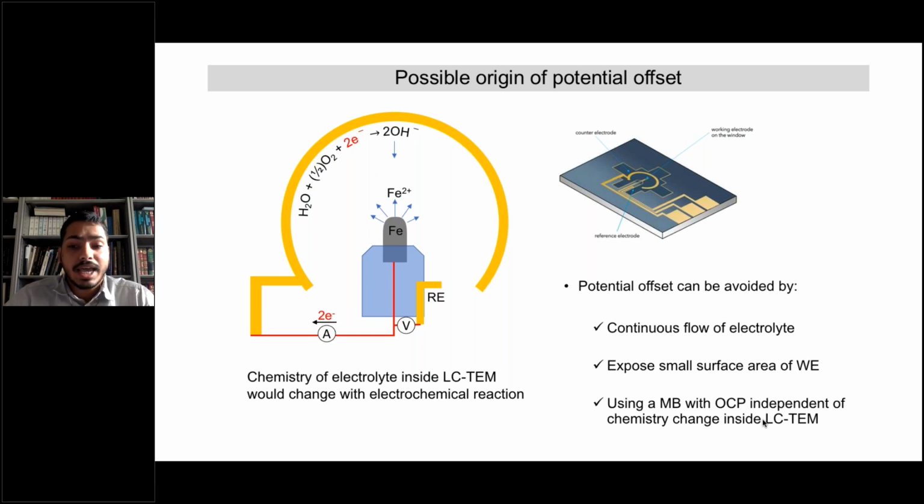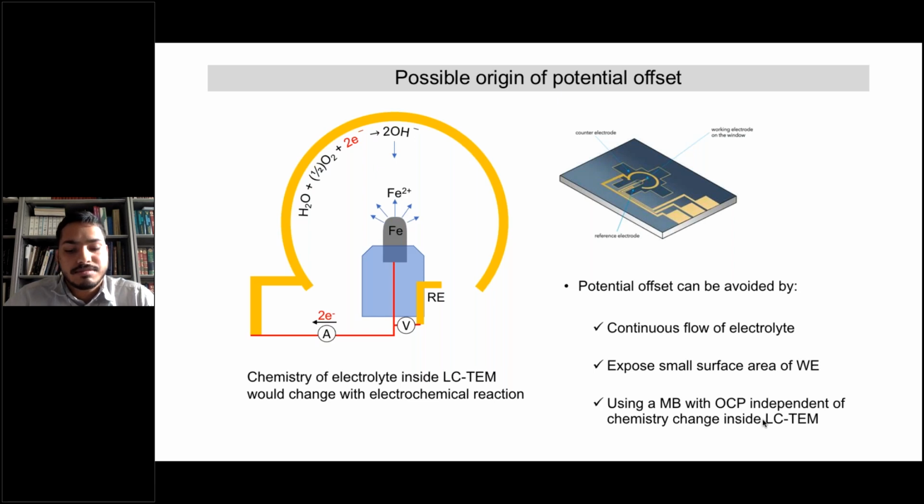All right, again, if you are still not happy with this, and if you want a big working electrode and a really active metal as your working electrode, then at least know about the potential offset. If you know what kind of potential offset you are getting, then you can always subtract that value.